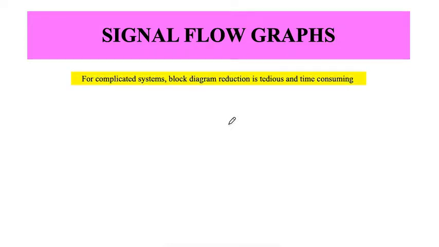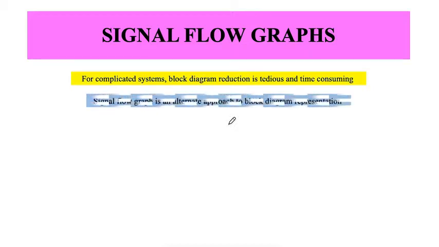This is an alternative way to represent the block diagram of a physical system, where I write the set of physical equations, interconnect them, and then have an equivalent block diagram representation. For a complicated system, block diagram reduction is time consuming and tedious. So the signal flow graph is a simple representation of the relationship between the system variables.